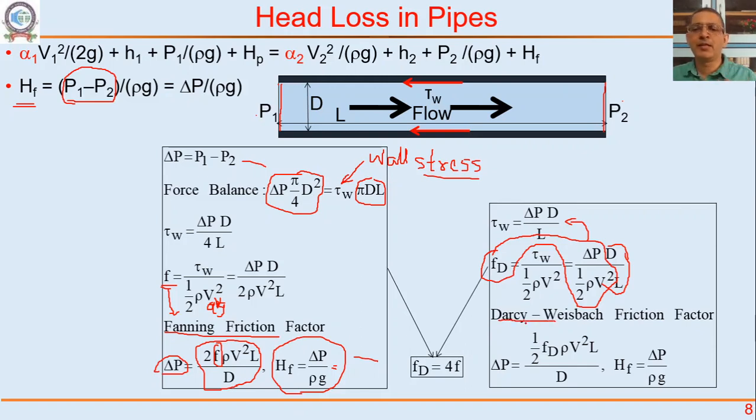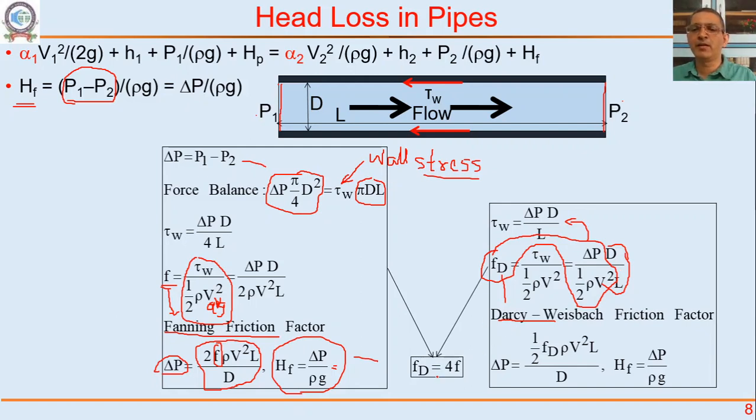Now, civil engineers, mechanical engineers use this Darcy friction factor very often, whereas fanning friction factor, chemical engineers use this very often. The difference is just the way it is made dimensionless. Fanning friction factor uses tau W and half rho V average square, whereas Darcy friction factor uses delta P divided by half rho V square into d by L. Well, obviously they are related to one another.